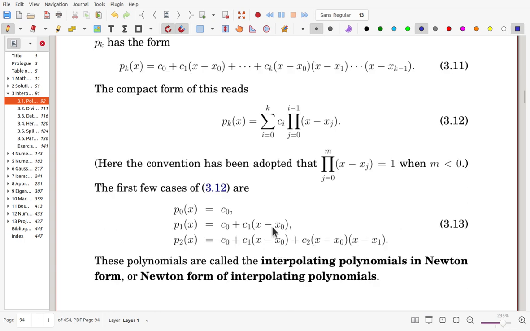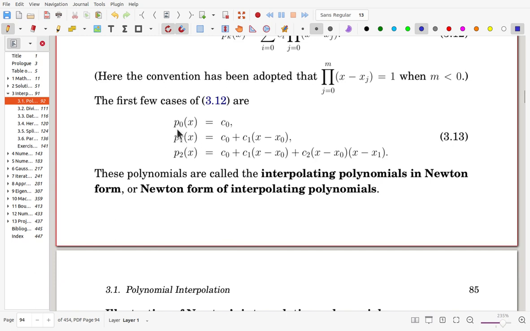Okay, and here if we write down the first three cases in detail, then P0(x) is C0. Of course, C0 must be Y0. And P1 is now C0 plus C1(x minus x0). And P2 is now that P1 plus C2(x minus x0)(x minus x1).